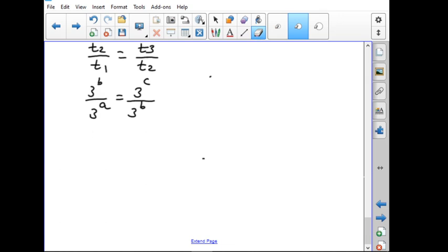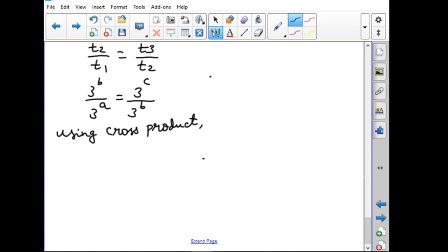Using cross product, 3 power B into 3 power B equal to 3 power A into 3 power C.